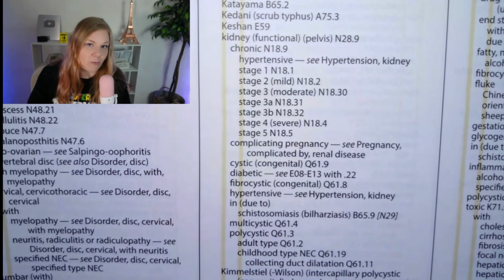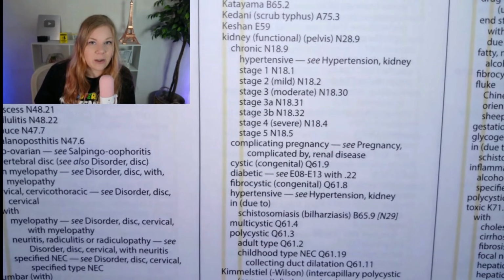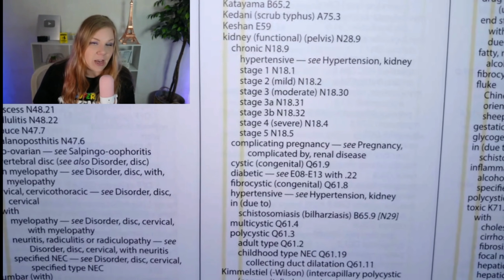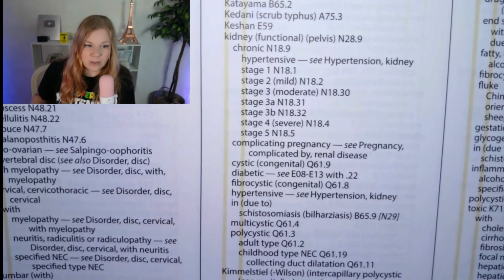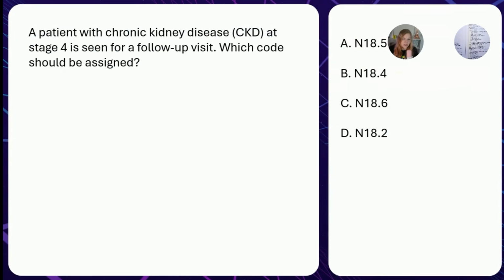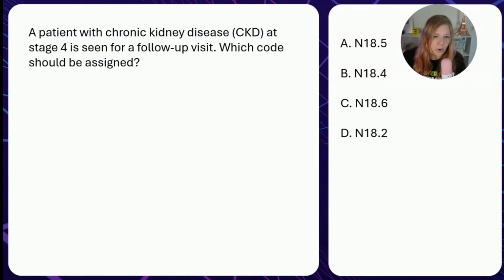Now, for purposes of the certification exams, it's up to you. If you want to save that time, what I sometimes recommend doing is, if we're looking at a question like this, where all of these codes are either N18 point something, we could just go to the N18 section and look them up there.